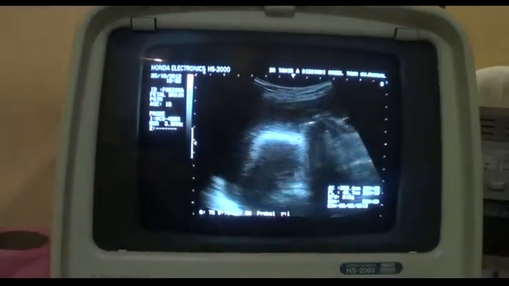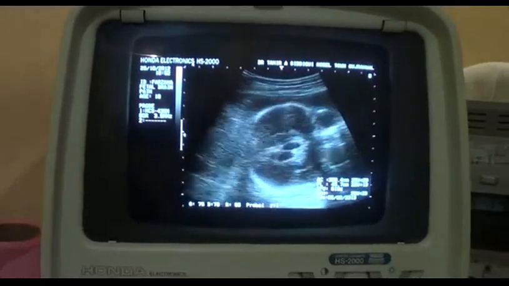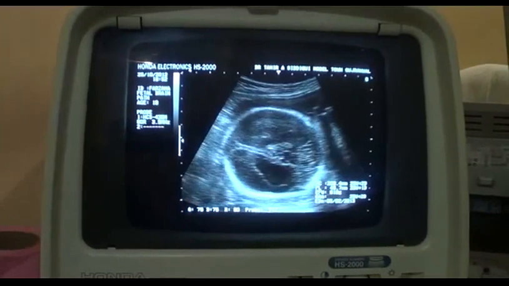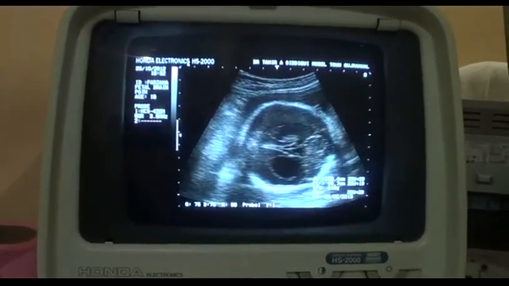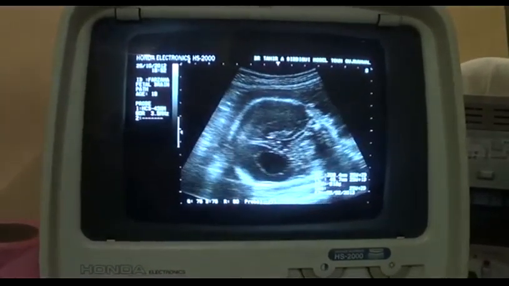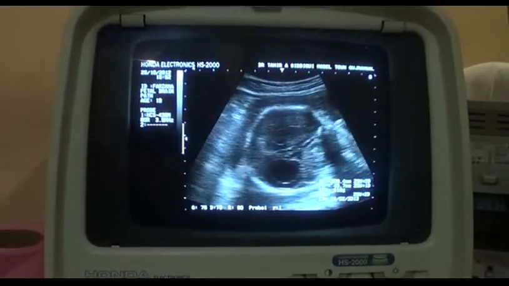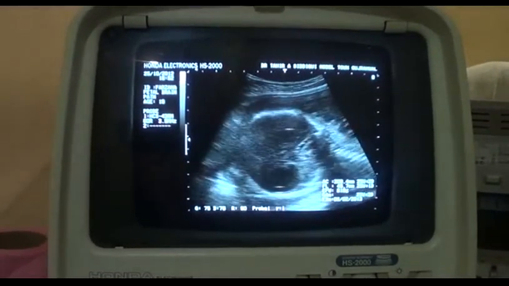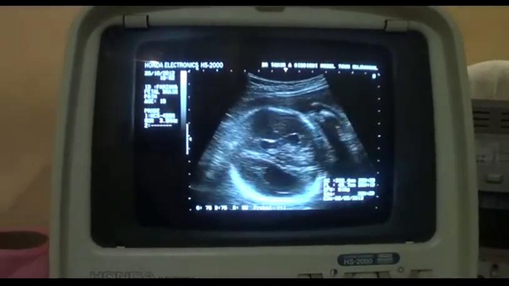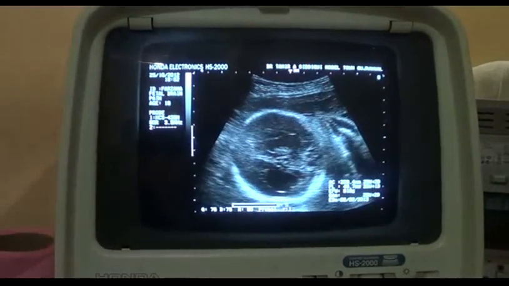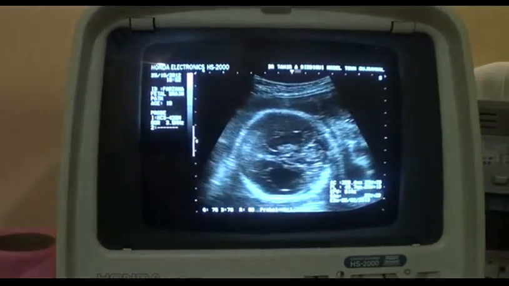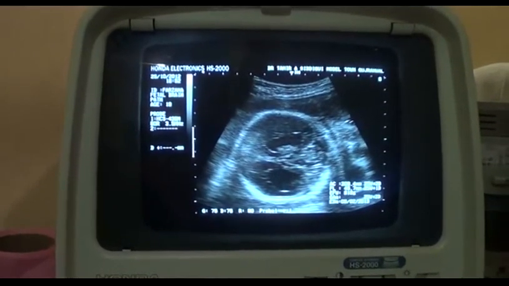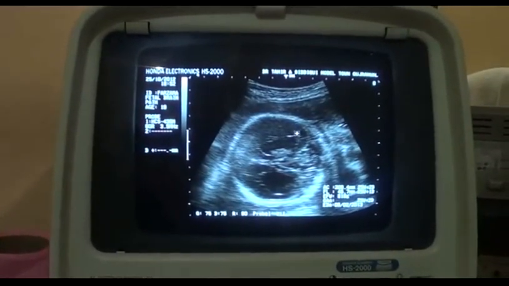Now let's go to the other one. See what's wrong with the other ventricle, how much it is dilated, and what is the status of the choroid plexus in it. Now this is the second one. This is the dilated left ventricle, the second one.